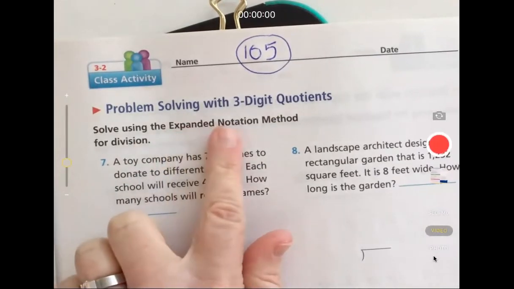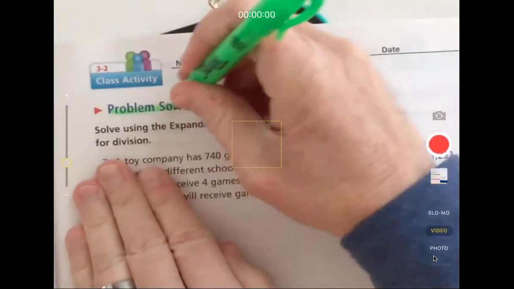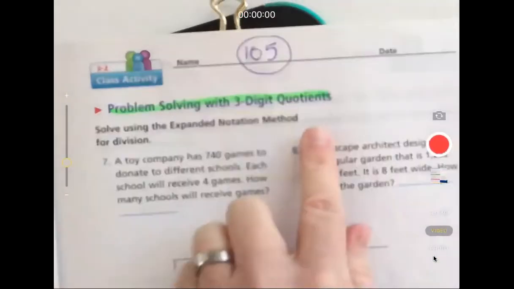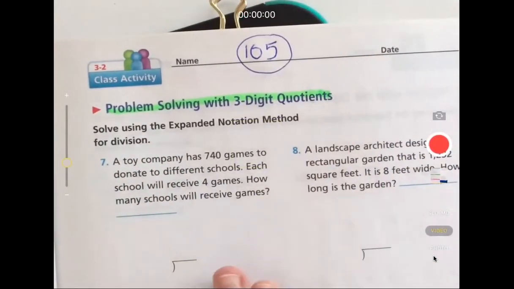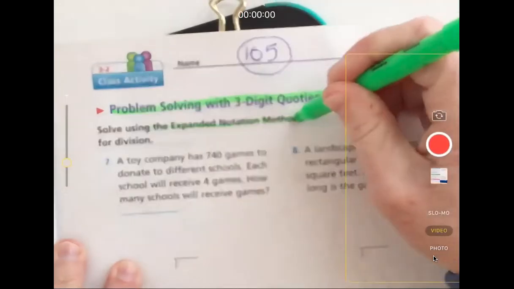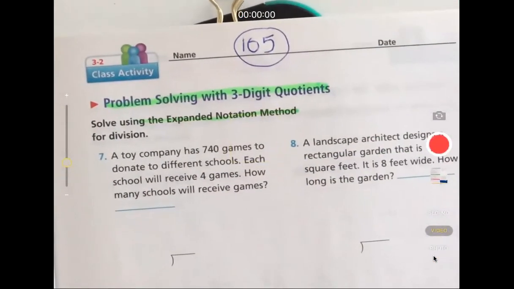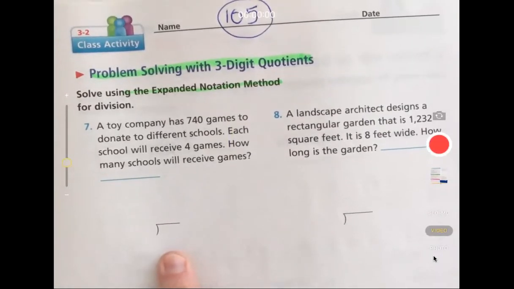Problem solving with 3-digit quotients. Quotient, remember, is the answer when we're dealing with division. So the directions for this page is we're going to use the expanded notation method for division. You'll see here, this is the symbol that we're going to be using.